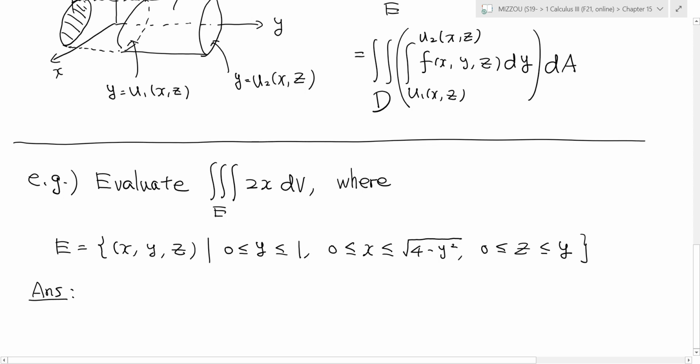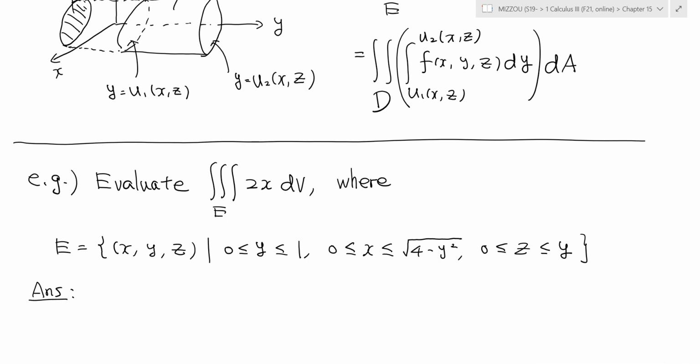One way to tell which is the best one is to look at the variable which appears in the least complicated way. The least complicated variable is the variable you should integrate first. That's the basic rule of thumb.